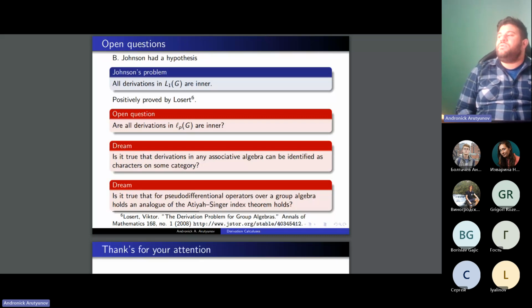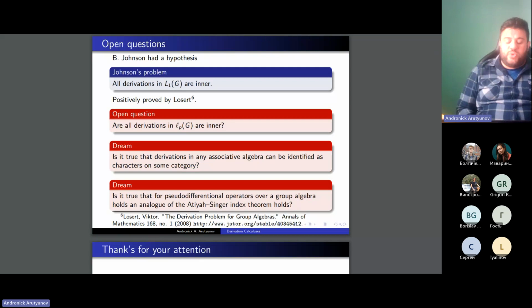I think that if you take any associative algebra, perhaps it must be separable as a vector space, but I'm not sure that it's important, then you can find a category which is connected to the type of basis in your algebra, and then you will have characters on it, and these characters will identify your derivations.